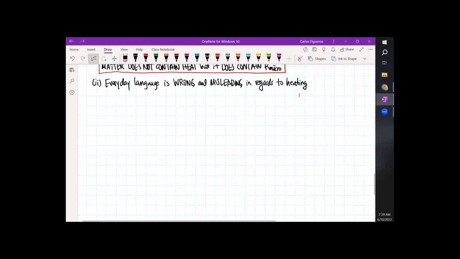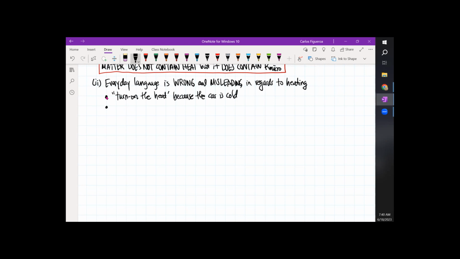Just listen to this language here, right? Let's say that it's cold in your car or in your house, and you'll say, turn on the heat because the car is cold. That doesn't make any sense.